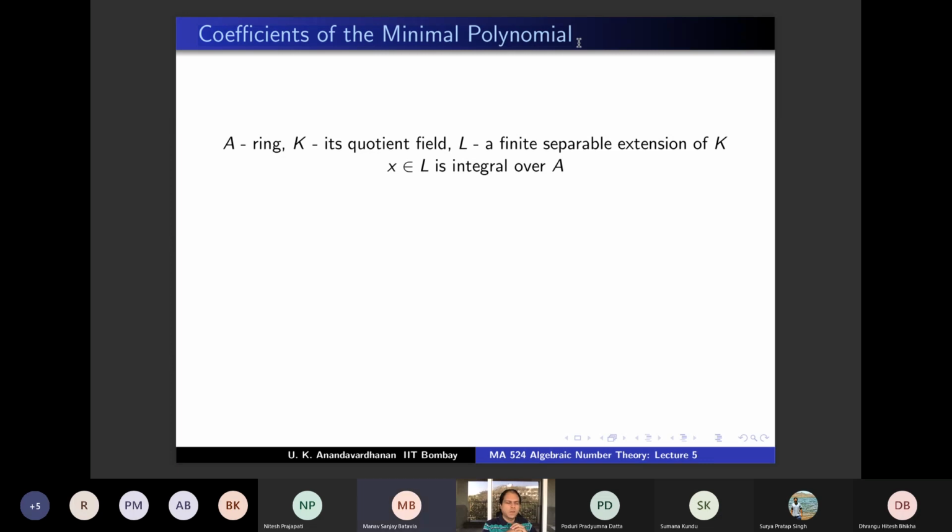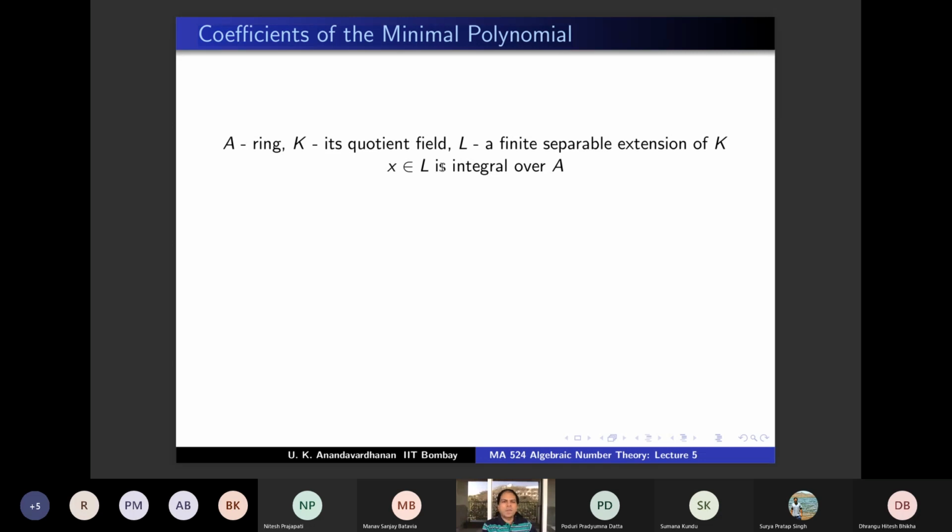The coefficients of the minimal polynomial lie in A. Yes, in plain English, coefficients of the minimal polynomial of x. Yeah, okay, of course. I asked you to guess something. That's what you guessed, but I don't think that's what we are going to show.